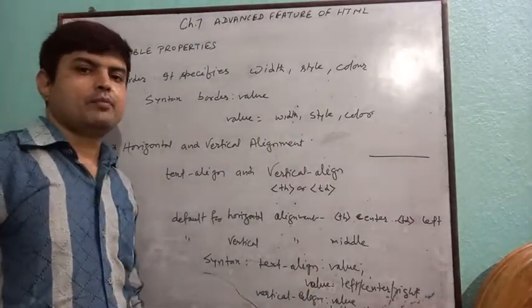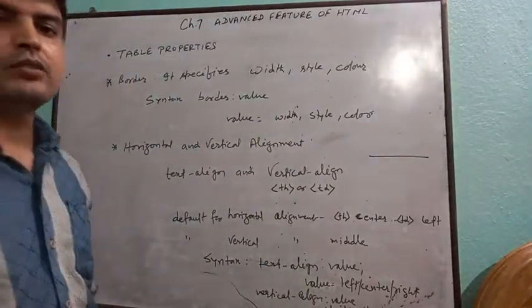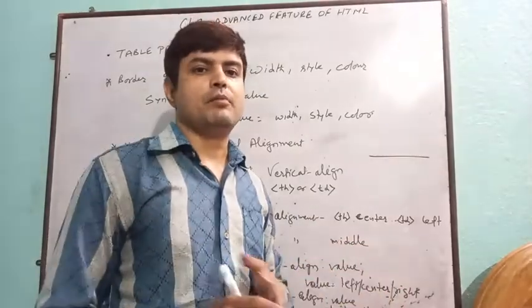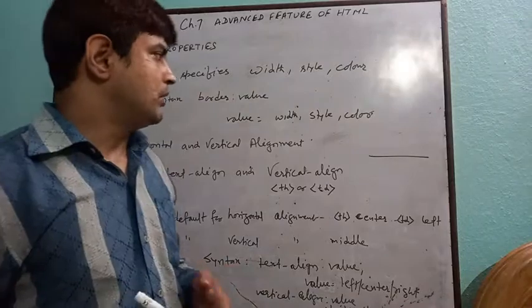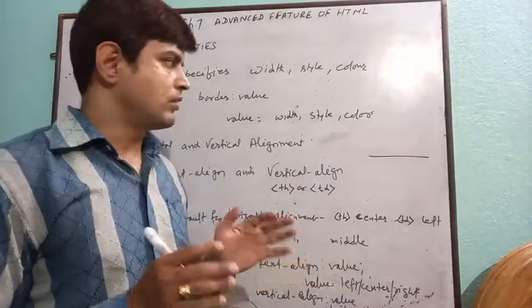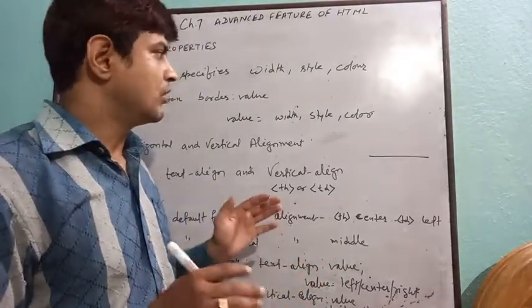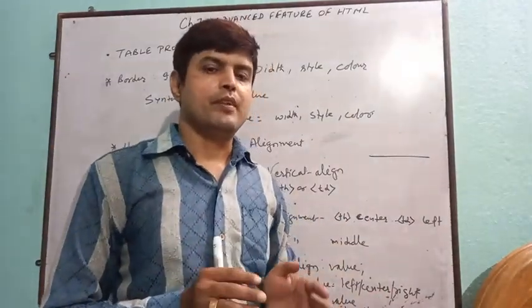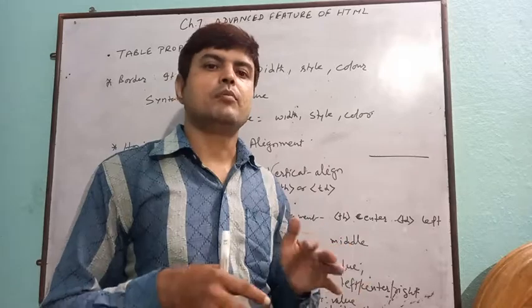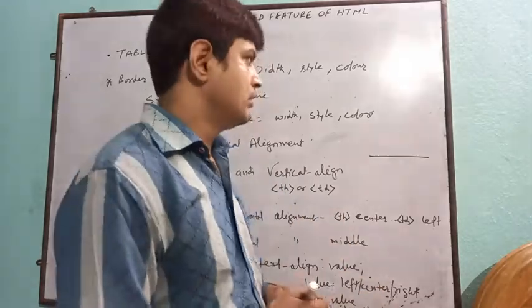Basically, table properties are used to specify the table, that is, mainly to format the table. Whether we want to use the border around the cell, or apply the border around the cell only, or apply the border of the table only.